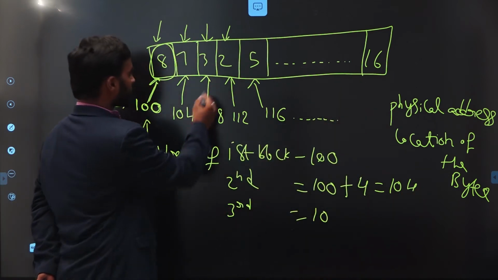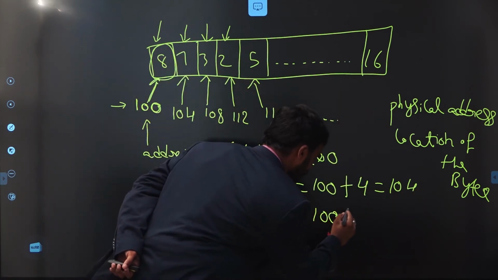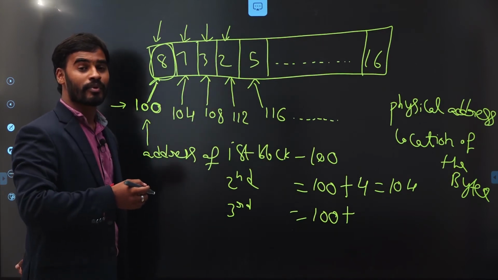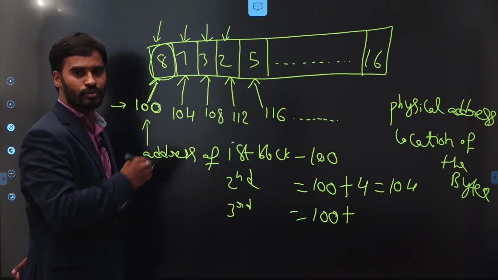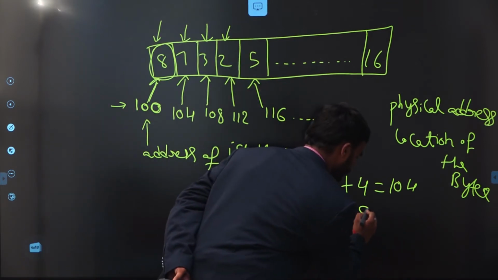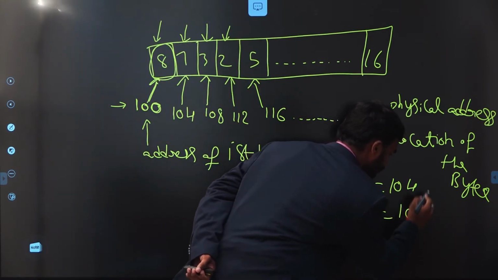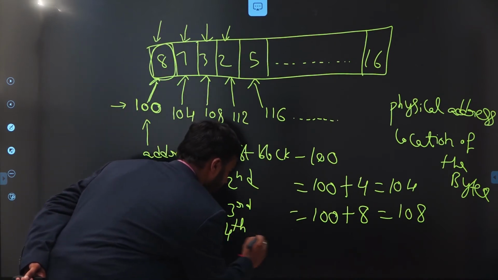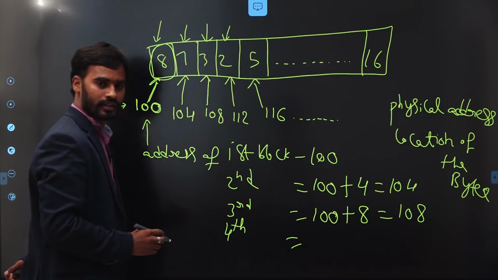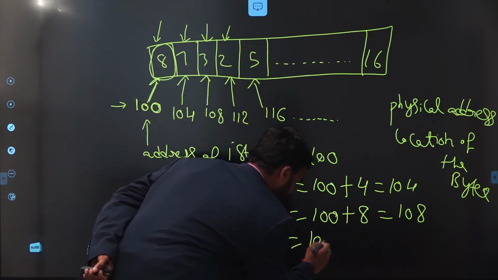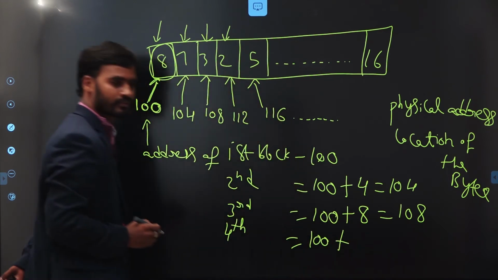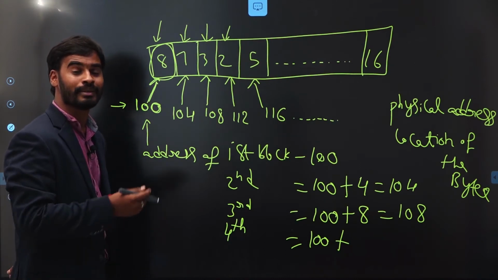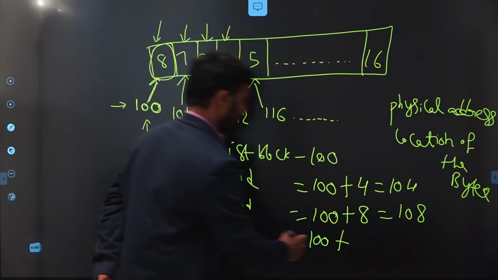What is the address of the third block? The address of the first block plus the number of bytes occupied by the previous two blocks. What is the address of the fourth block? It is nothing but the address of the first block plus the number of bytes occupied by the previous three blocks.